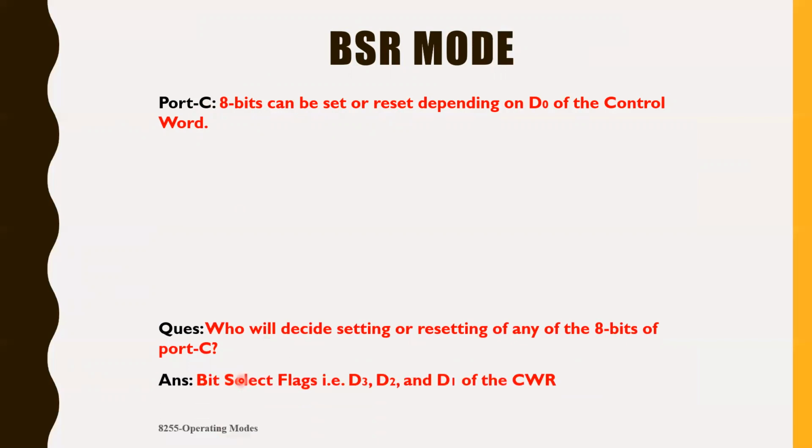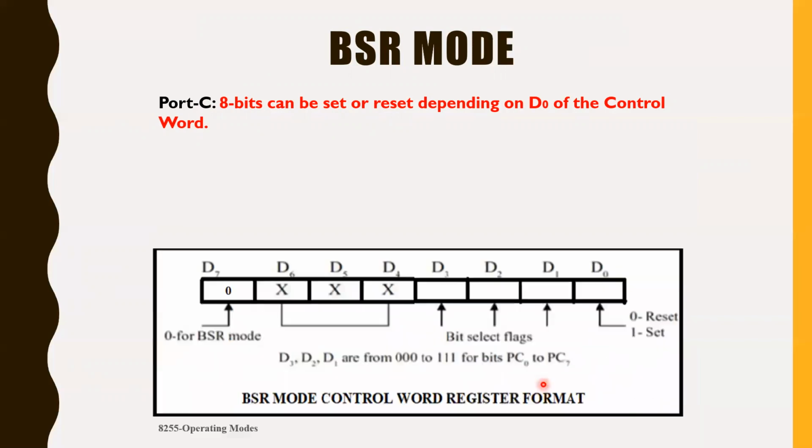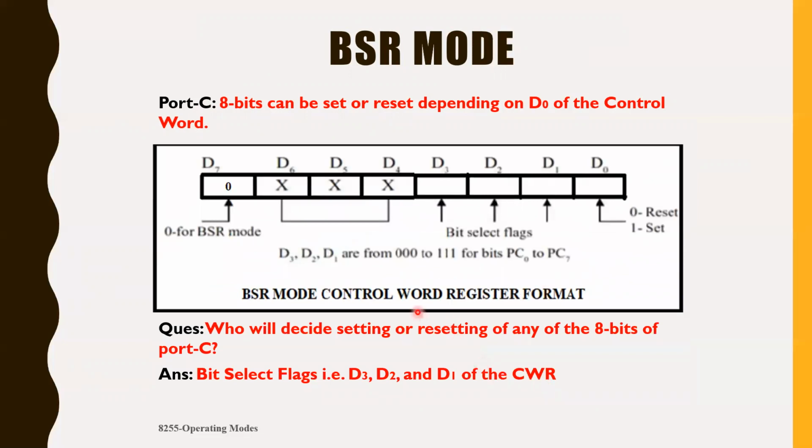Now, who will set and reset the 8 bits of port C? The answer to this question is the bit select flags, D3, D2 and D1 of the control word register. Let's try to understand this with the help of the control word register format under the BSR mode. The control word is of 8 bit, which gets stored in the control word register.